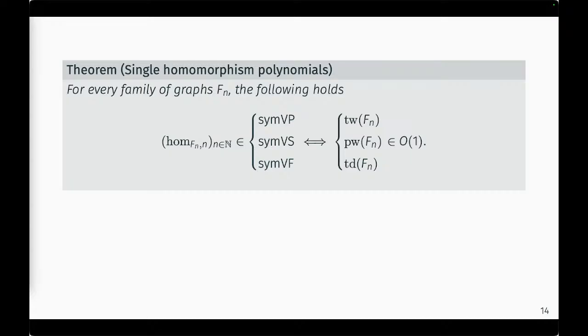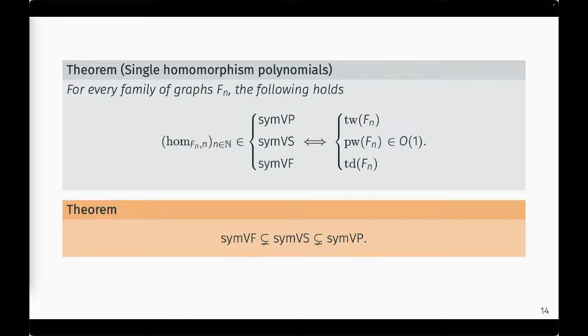In other words, a single homomorphism polynomial of large tree width cannot be written as a linear combination of homomorphism polynomials of small tree width. And this then gives the separation, because you can just take single patterns in the respective parameter regimes, and that separates the three complexity classes.